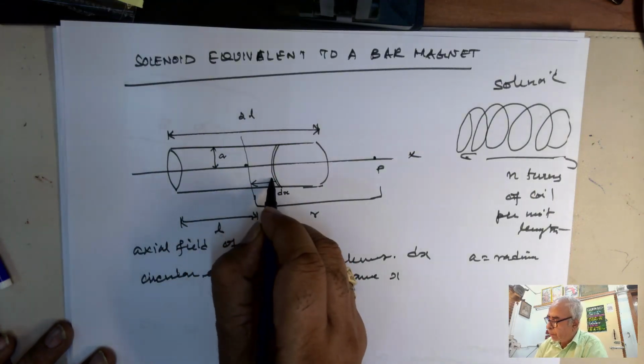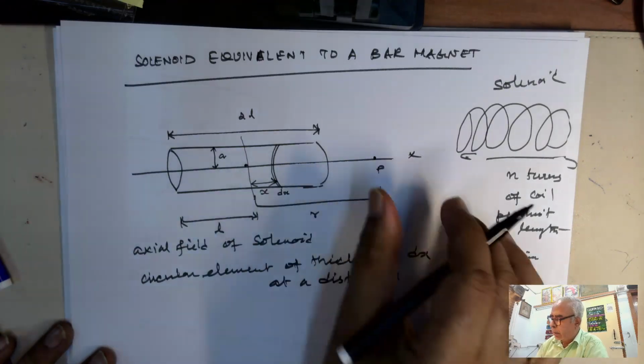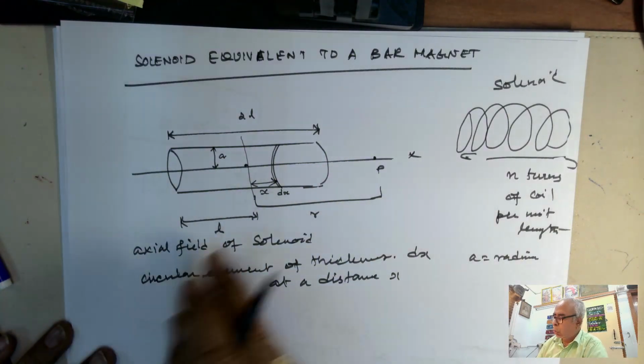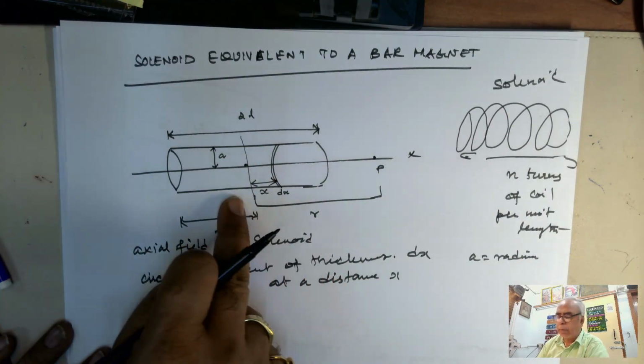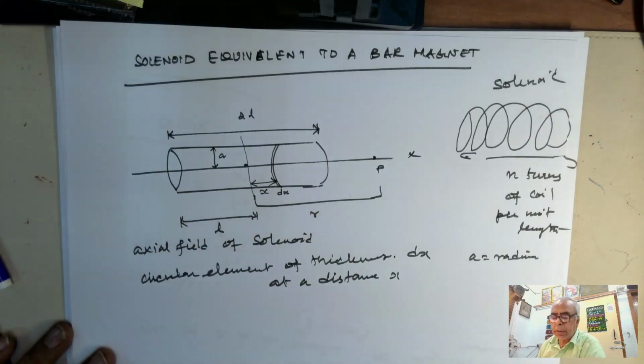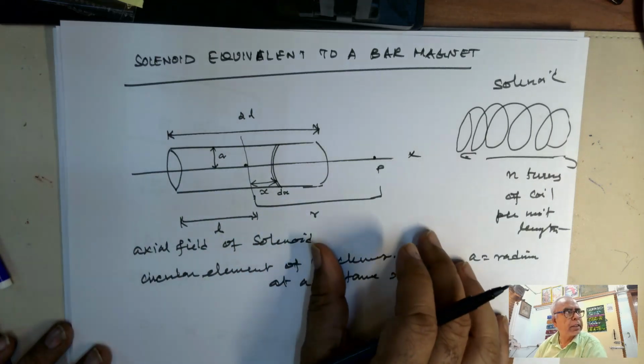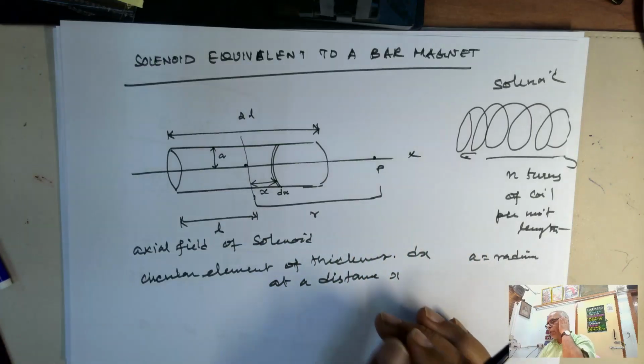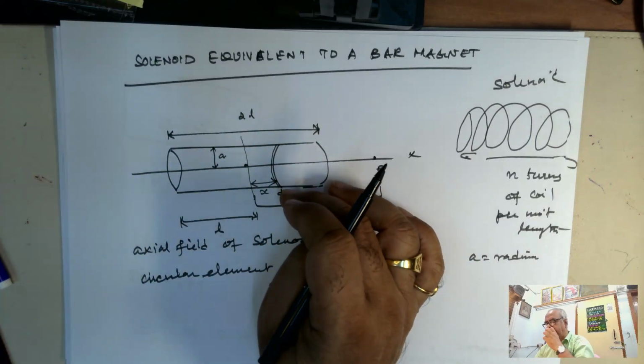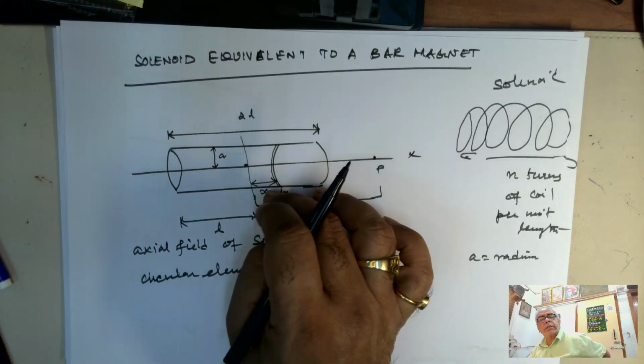What is x? The distance of the circular element of the solenoid from the center. And what is dx? That is the thickness of the circular element.